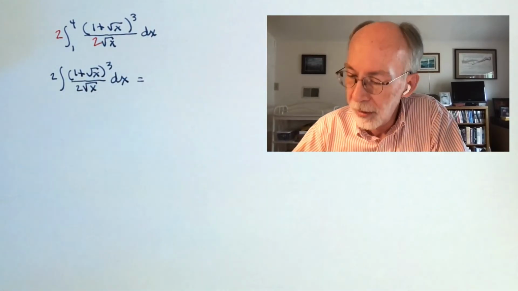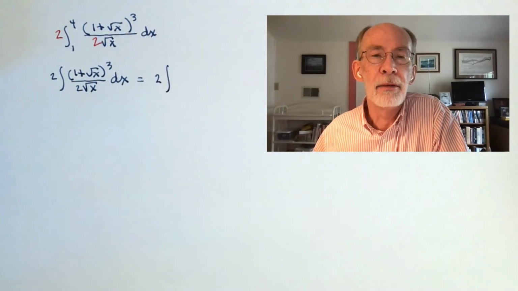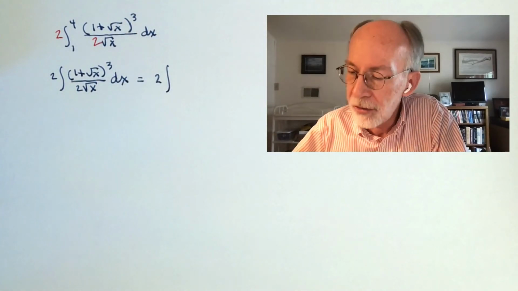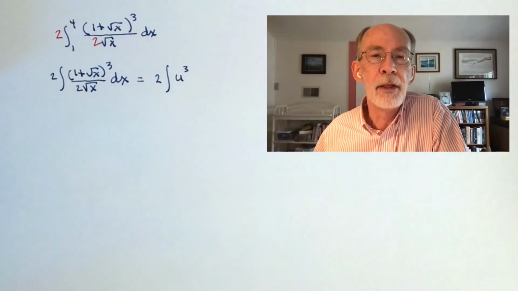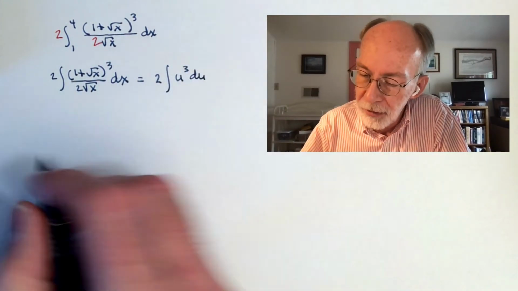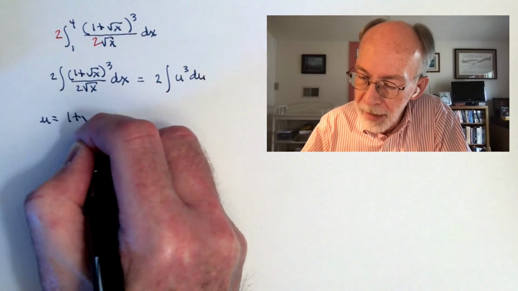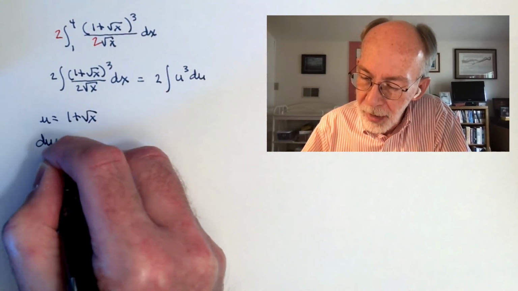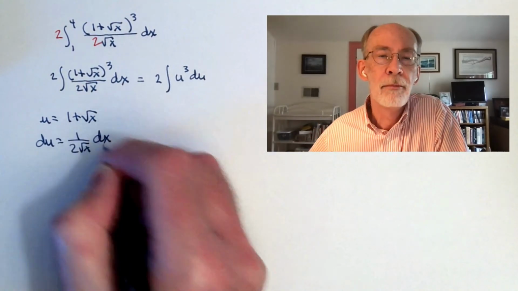And we make our substitution. We, of course, have the 2. And then that (1 plus root x) cubed, that's just u cubed. And the 1 over 2 root x dx is du. And I guess I really should have written this somewhere. So our u is 1 plus root x. Our du is 1 over 2 root x dx.